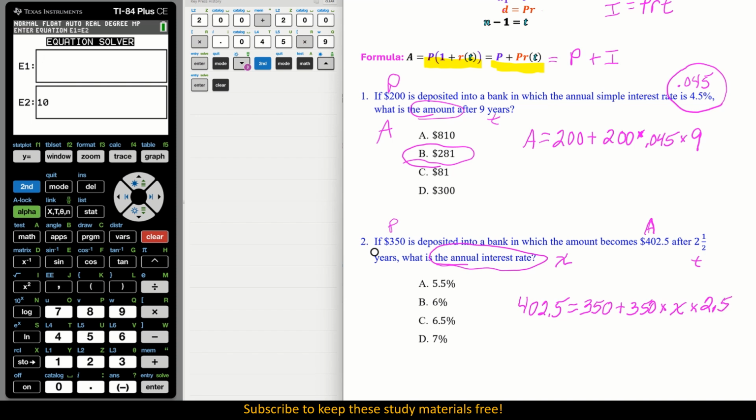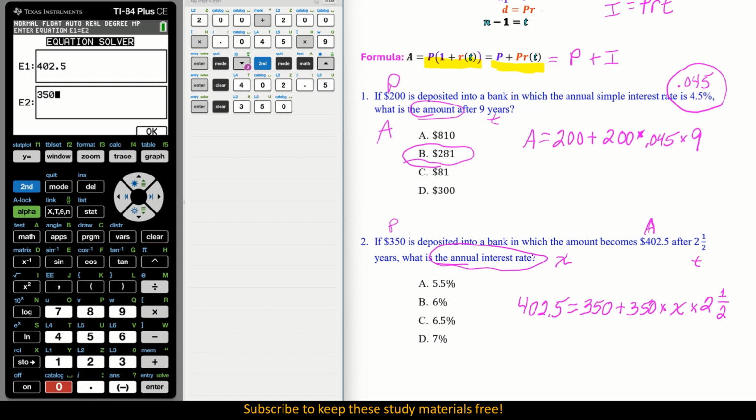You know what? Let's go ahead and enter the half, in case you haven't done any other videos with me, so you see how to enter fractions. Okay, so we will start with the left-hand side. That's 402.5. Push enter and clear it out, or you can type over, your choice.